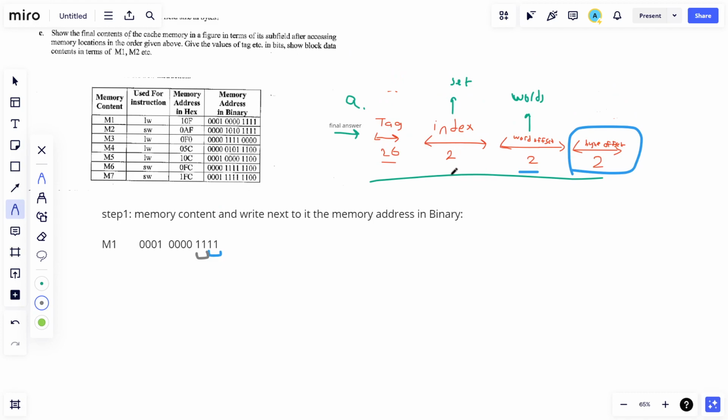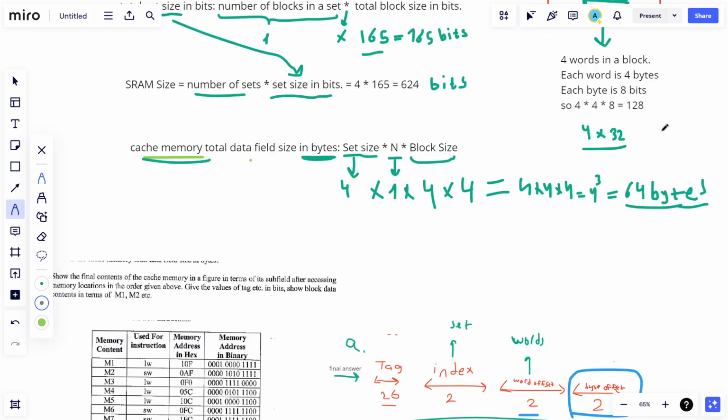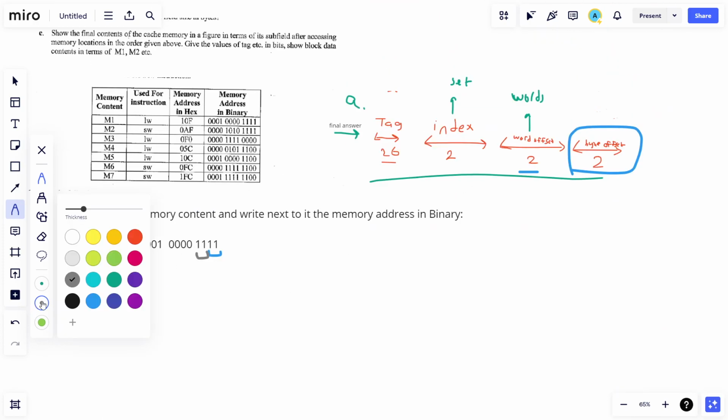Now we go to the most important part, which is sets. Remember, we already said that we have 4 sets, which is this table. You can take a screenshot of it because we're going to need it a lot to solve the next questions. But now you need to know that we have 4 sets, which is 00, 01, 10, 11, and these are the bits of the set, in dark green.